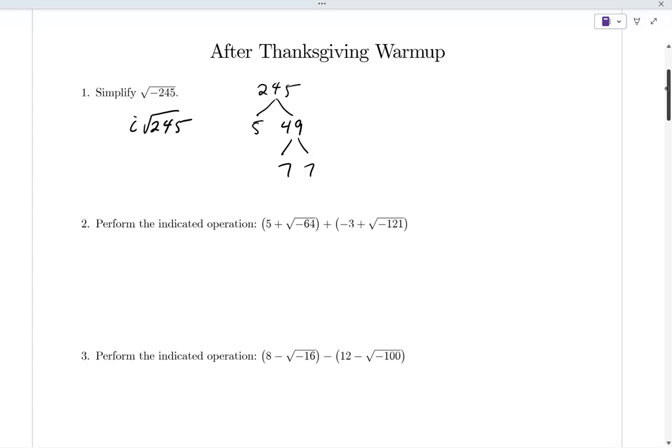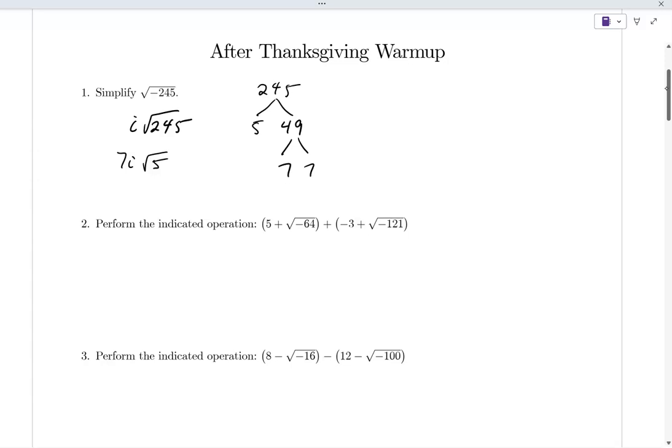So how does that square root of 245 simplify then? Square root of 5. Good, exactly. So since we have a pair of 7s, we get a 7, we simplify that part, and then the 5 is still 5. That look familiar?